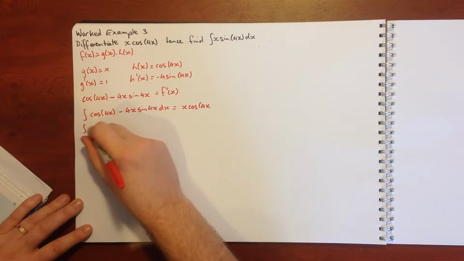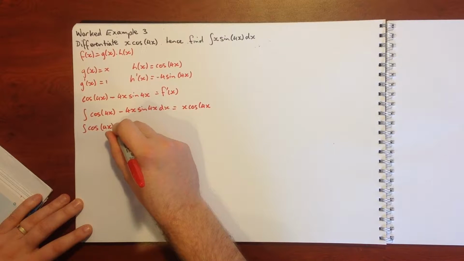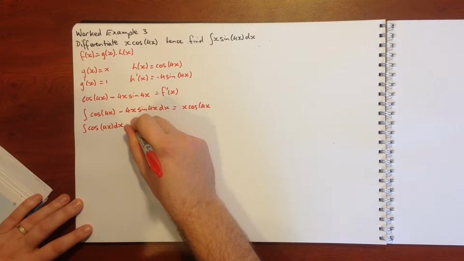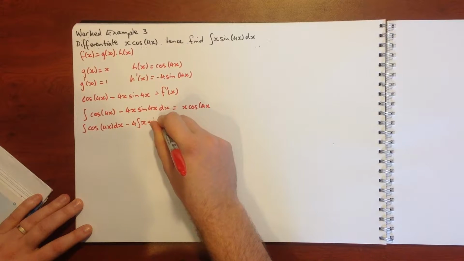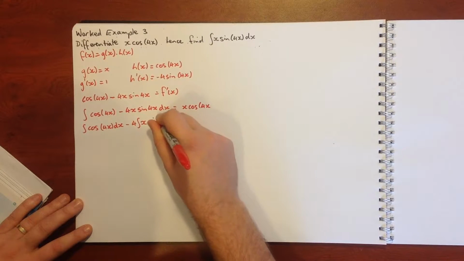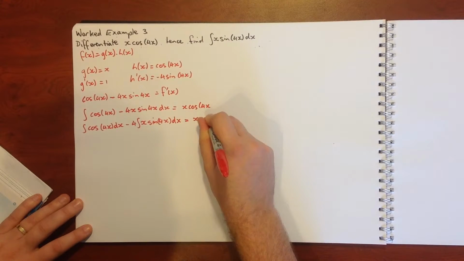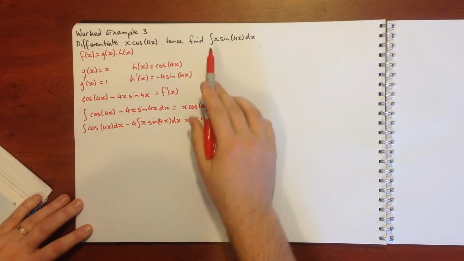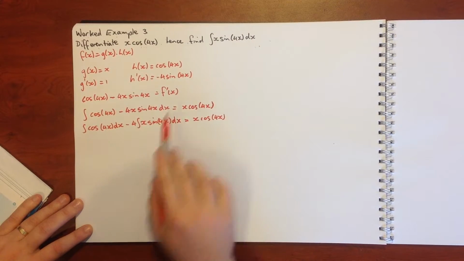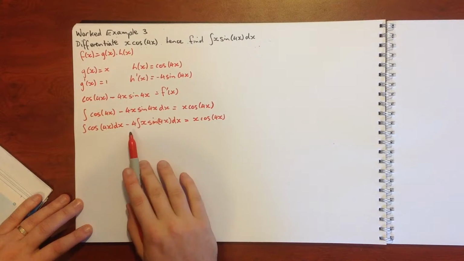Now we can split this up and say we've got the integral of cos of 4x dx minus 4 times the integral of x sine of 4x dx equals x cos of 4x. This part here, the integral of x sine of 4x, is what we actually want, so we need to isolate it by itself.